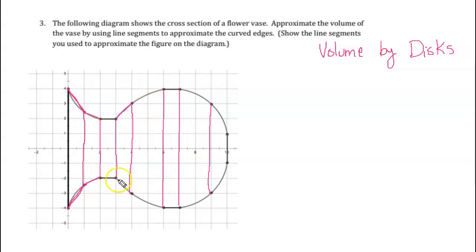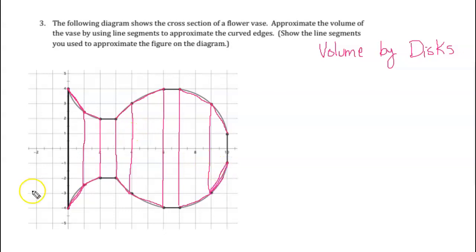It is an approximation, but it's not going to be too far off. Especially some of these curved lines really are not that far off from the straight line counterpart that I'm putting in. So you can imagine that the volume is really not going to be that different.